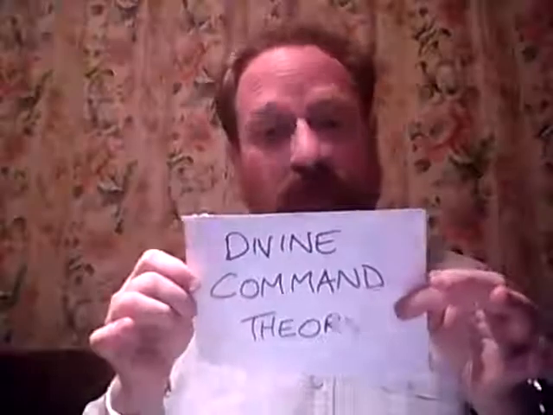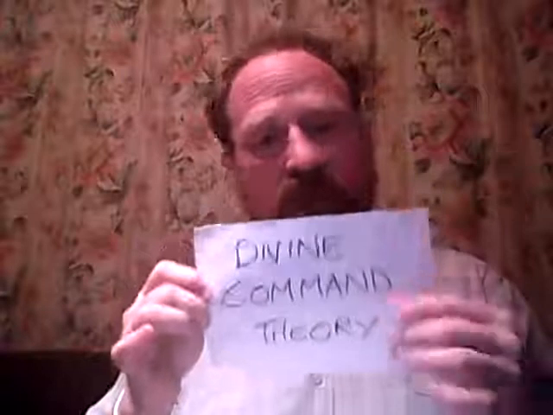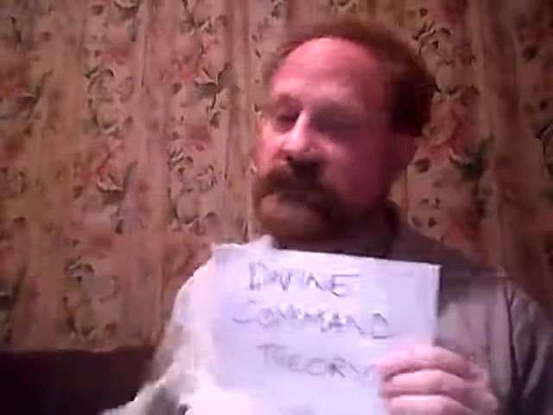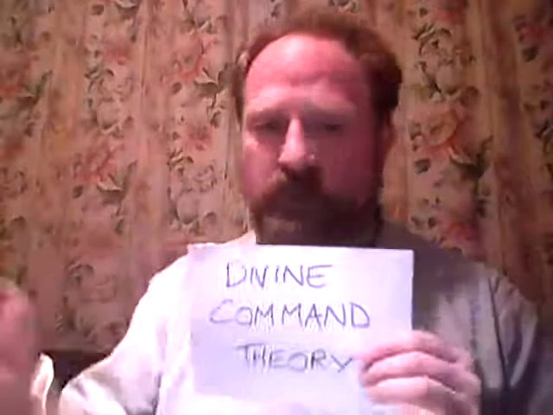Now, one of the things we mentioned in the first week was divine command theory. Divine command theory is a type of deontology. So it's a subset of this. Because different deontologists have different ideas as to where these rules come from.